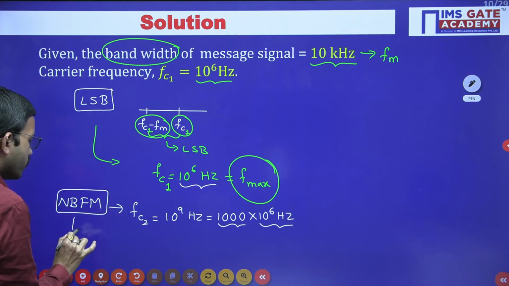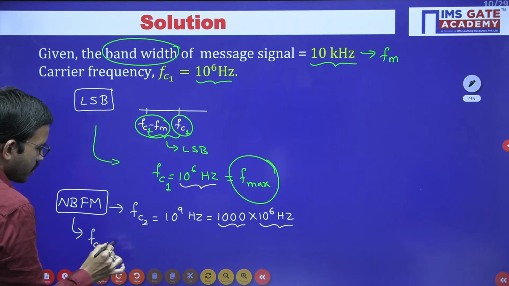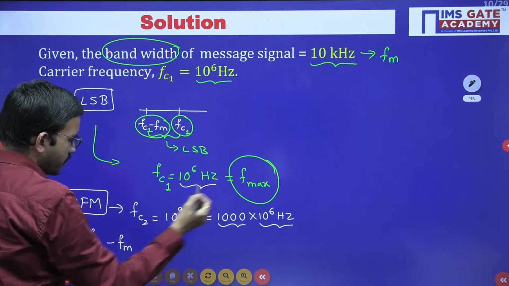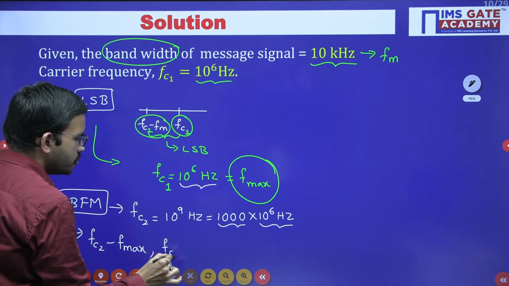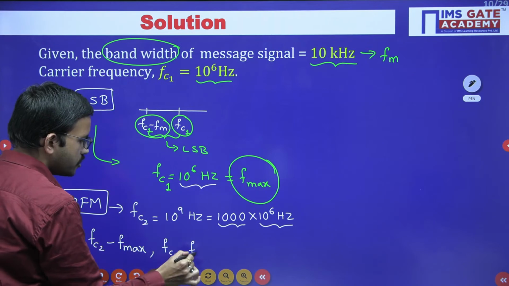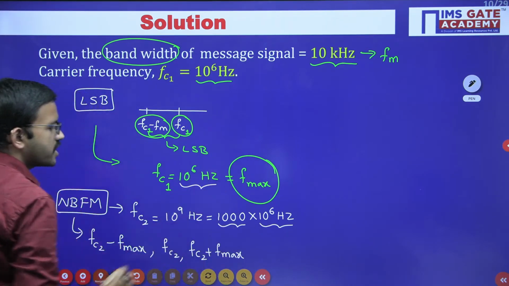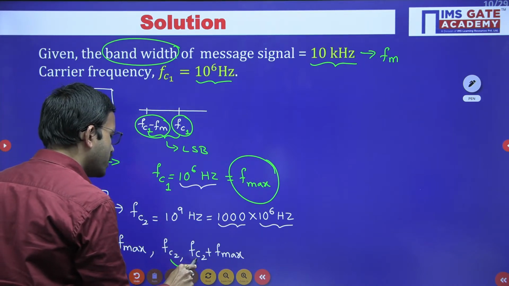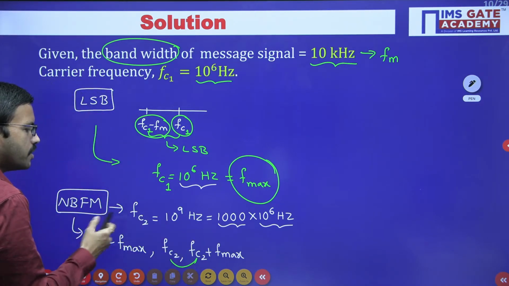In the narrowband FM we will get the frequencies FC2 minus F max, FC2, and FC2 plus F max. The range of frequency from here to here, multiplied by 2, is the bandwidth.